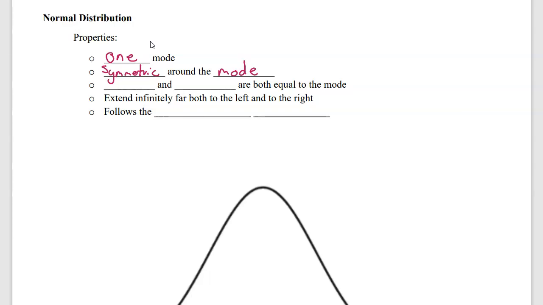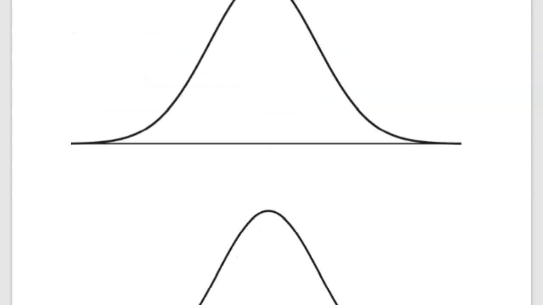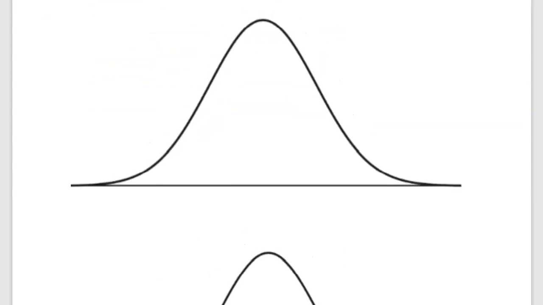We talked about these when we were talking about histograms. Those approximately normal, approximately symmetric. The mean and the median are both equal to the mode. So basically, what we're looking at is something that looks similar to this.